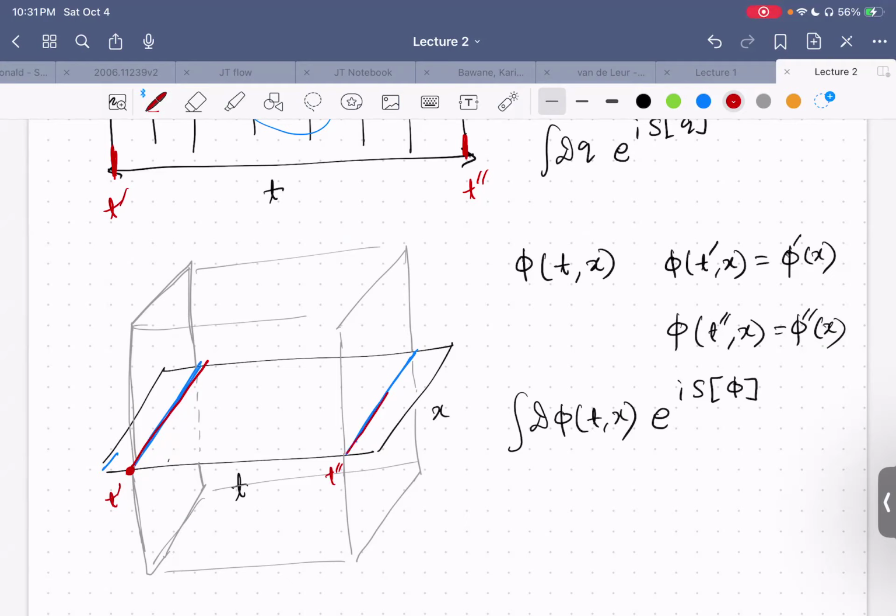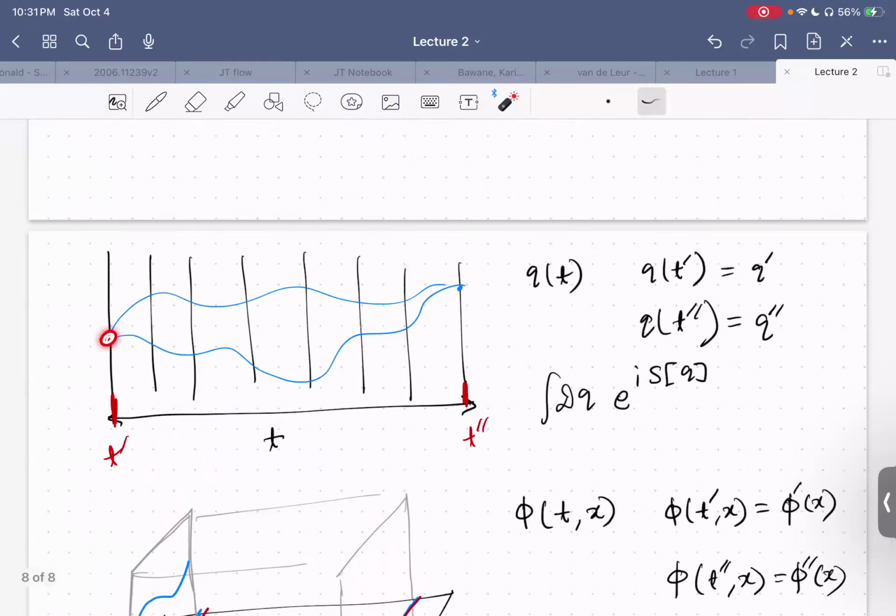So at t double prime, you have this x. What I'm saying is that at t prime, this function has to be a very specific function of x. So maybe that specific function of x looks like this. And at t double prime, it looks like another function of x. And maybe that function of x looks like this. And then, here you join your initial and final point by all possible paths.